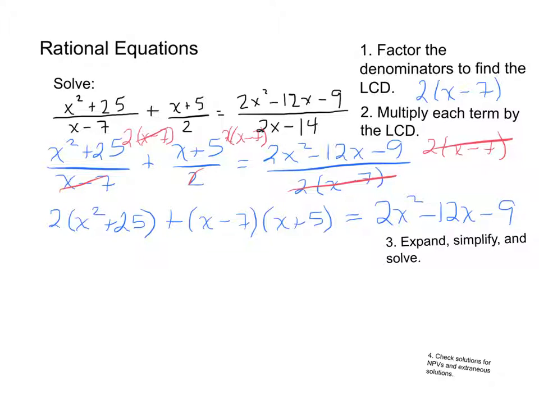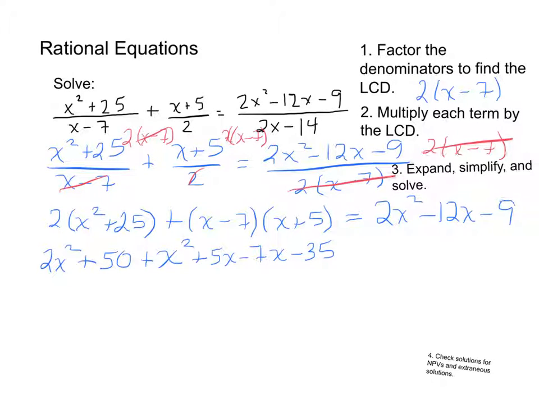So I'll multiply this out, 2 times x squared, 2 times 25. Multiplying this, x minus 7 times x plus 5, I get x squared plus 5x minus 7x minus 35 equals 2x squared minus 12x minus 9.